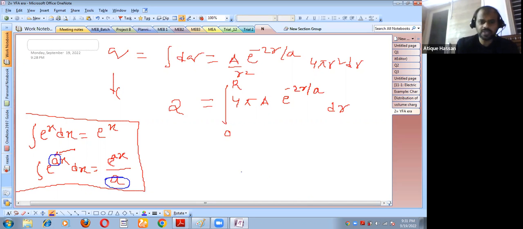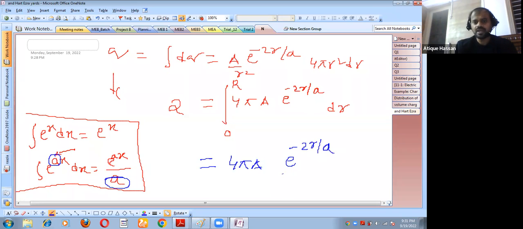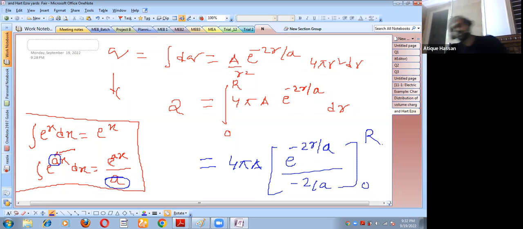So here we will apply the same concept, nothing complicated. We will take the constant outside and its integration will be the same, e to the power minus 2r by a, and we will divide by the constant. What is the constant here? 2 by a. Understood? Yes, sir. And we will take the limits.